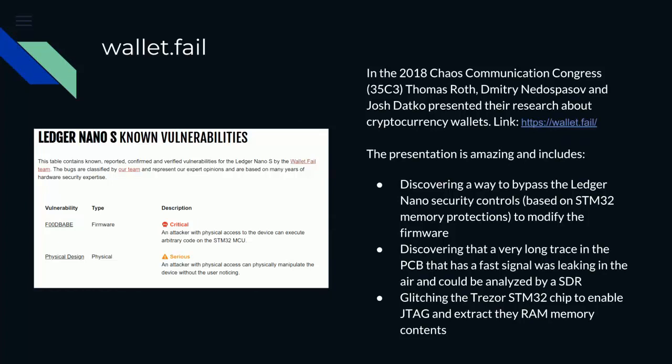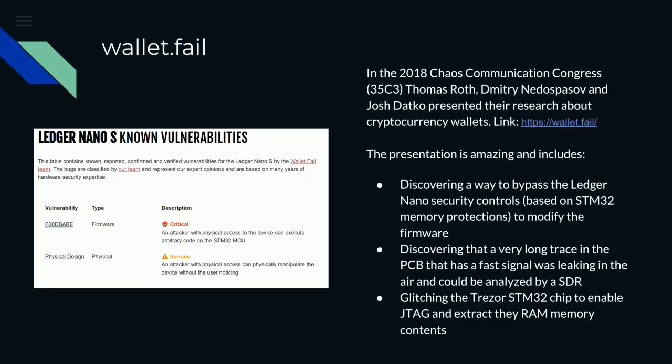An example of a vulnerability: basically you can bypass the Ledger Nano security because, on the STM device, you can protect some memory regions, and what they do is protect the top 8,000 of high memory.